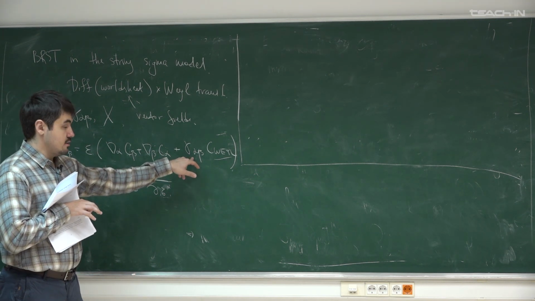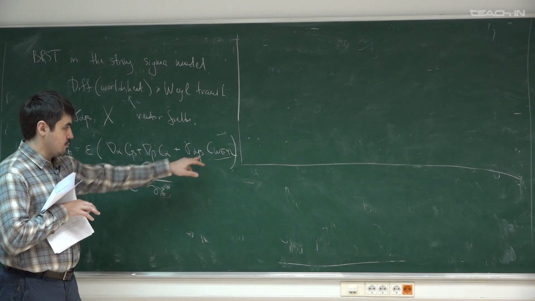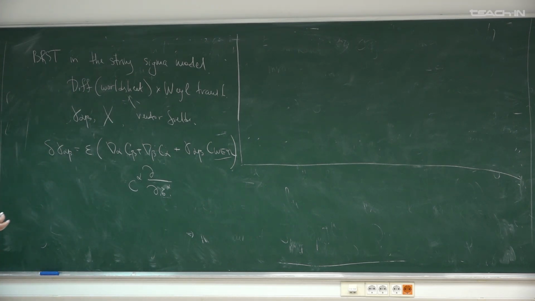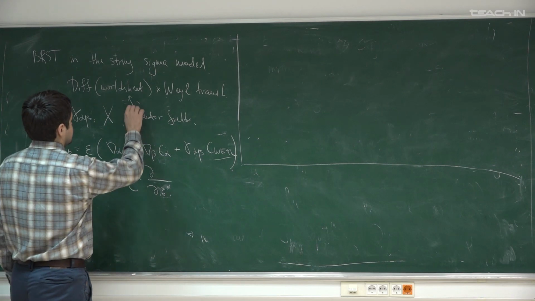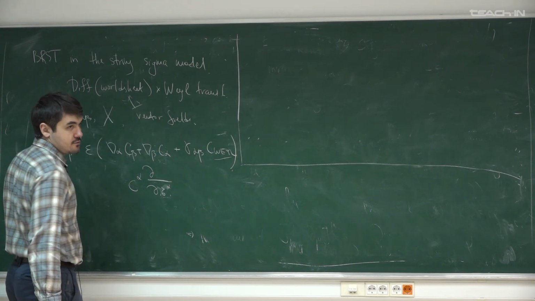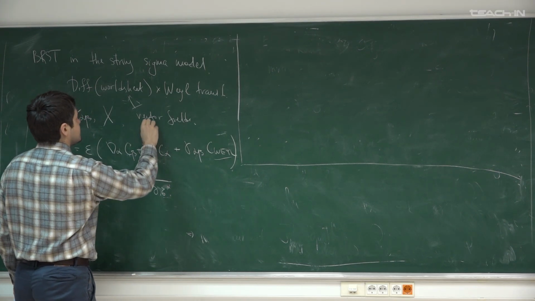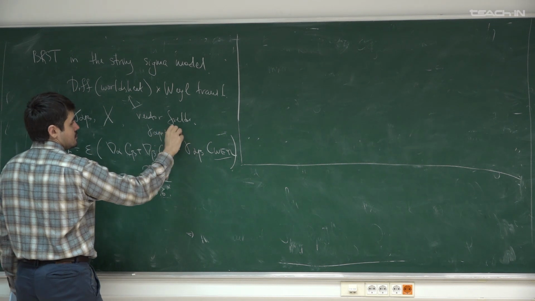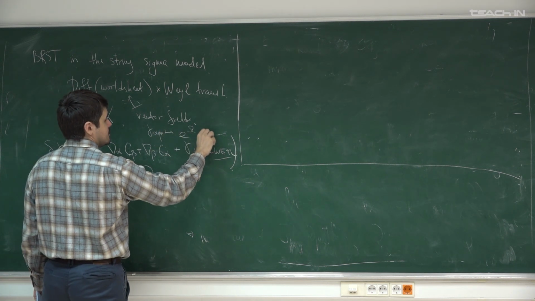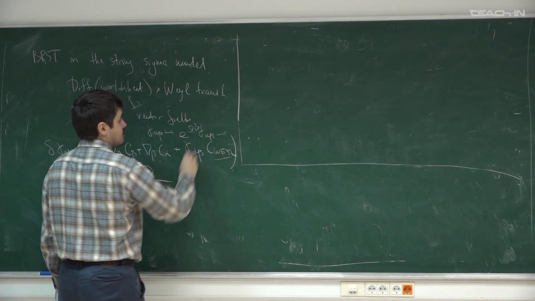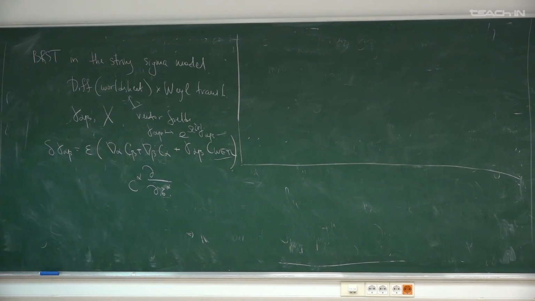The variation is just the metric times some function, and we replace this function by another ghost. So the gauge group is not just diffeomorphisms, but also Weyl rescalings: gamma alpha beta goes to e to the omega gamma alpha beta, where omega is a function of sigma. Rescaling by a function, right?